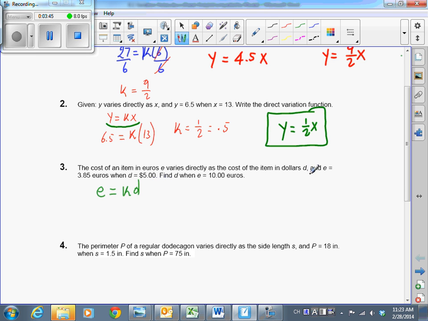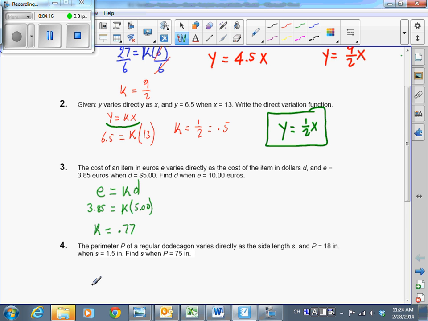Now, they give us the value of E. E is equal to 3.85 euros. So I'll write 3.85 is equal to k times, what's the value of D? 5. Times 5. You can put 5.00 or 5 euros. So you will divide both sides by 5, and what do you get for k? 0.77.